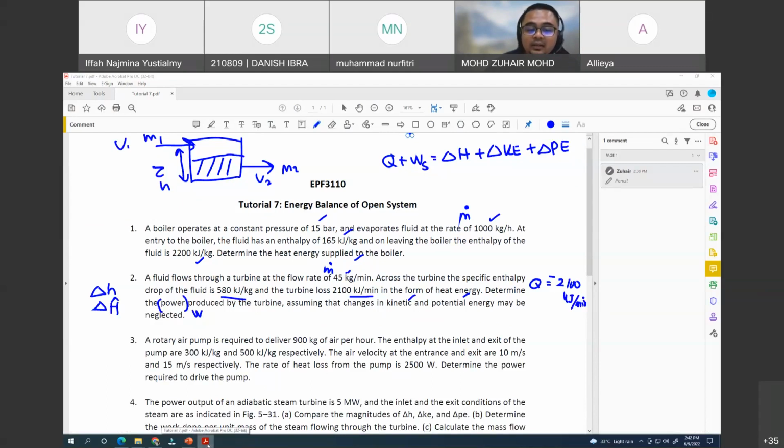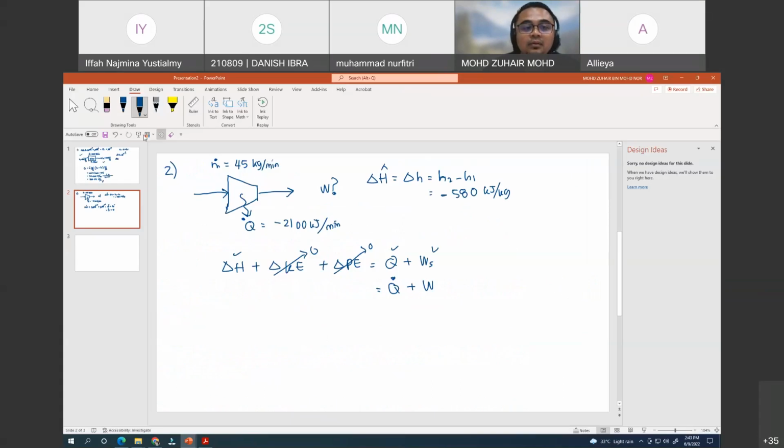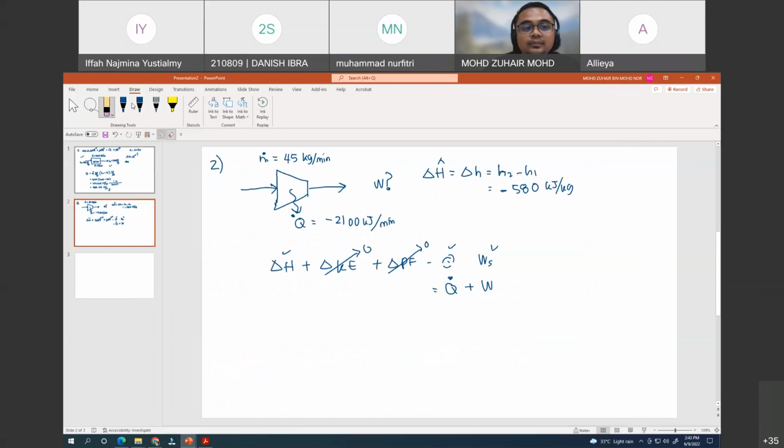Sebab dia produced by the turbine, the system will produce the power, the work. So the work will be negative.